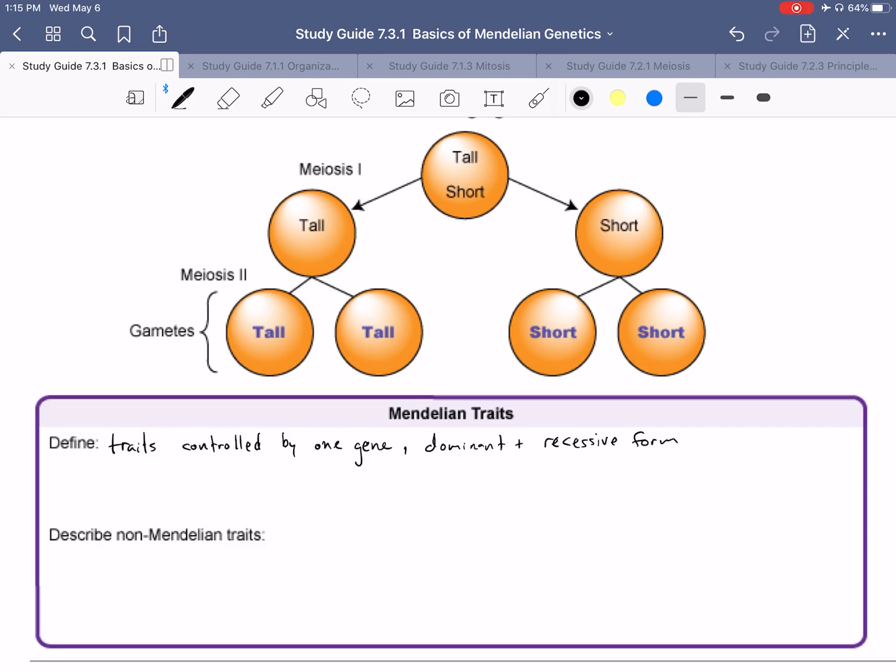So the question is, if foot size were a Mendelian trait, what would you see if you compared it to the shoe size chart shown here? All right. If it was Mendelian, there would be a clear dominant and a clear recessive, which means there would just be a big size and a little size.